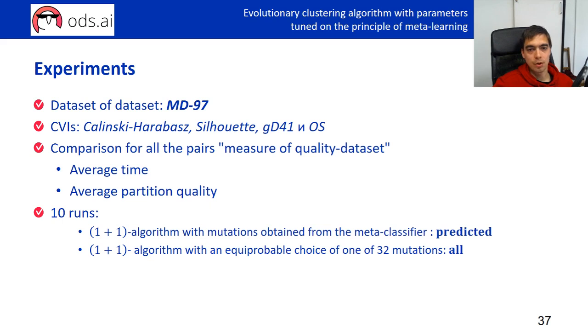And for each configuration pair, quality measure and dataset, we performed 10 runs of the 1+1 algorithm with equiprobable choice from all 32 mutations, and the 1+1 algorithm with mutations from the meta-classifier. The comparison was carried out according to the average time and the average quality of the resulting partitions.